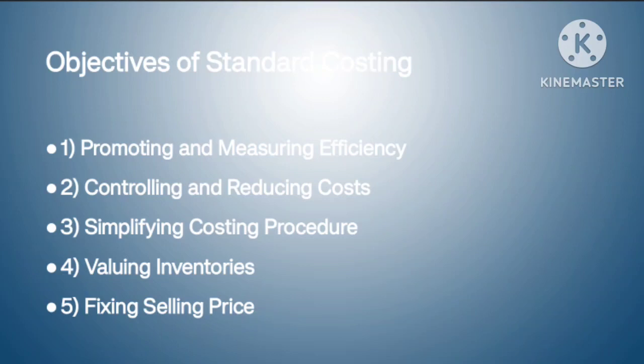While computing the standard cost, appropriate provisions are made with regard to normal wastage, normal breakdown, normal idle capacity, normal mistakes, etc. This exercise ensures proper monitoring as well as reduction in the cost. Next one is simplifying costing procedure. The exercise of standard costing is invariably specific to the product, process, or a job.